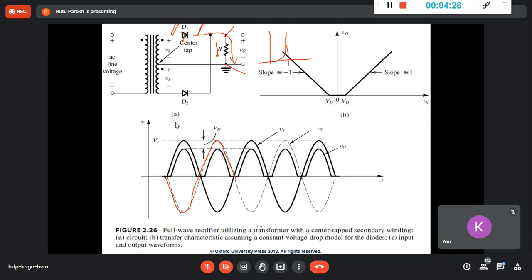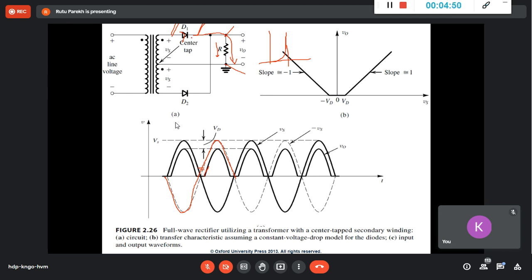After it has reached 0.7 volt, the diode will start conducting and the current will start flowing. This is your input voltage, and this dark line is your V0.